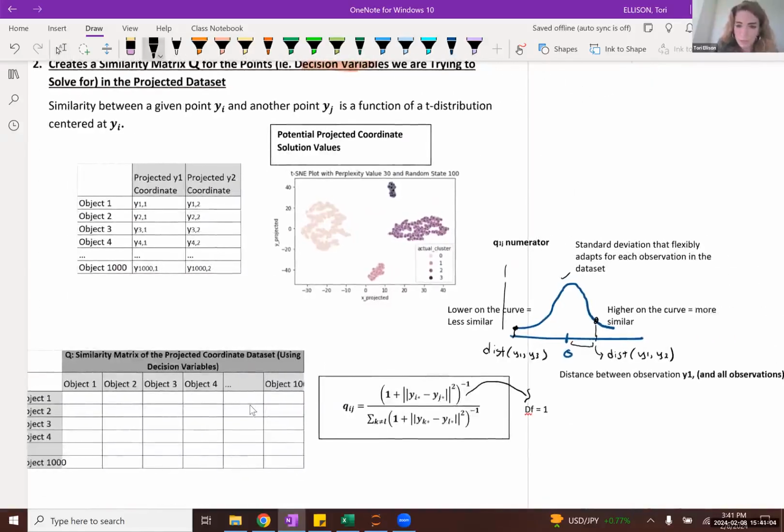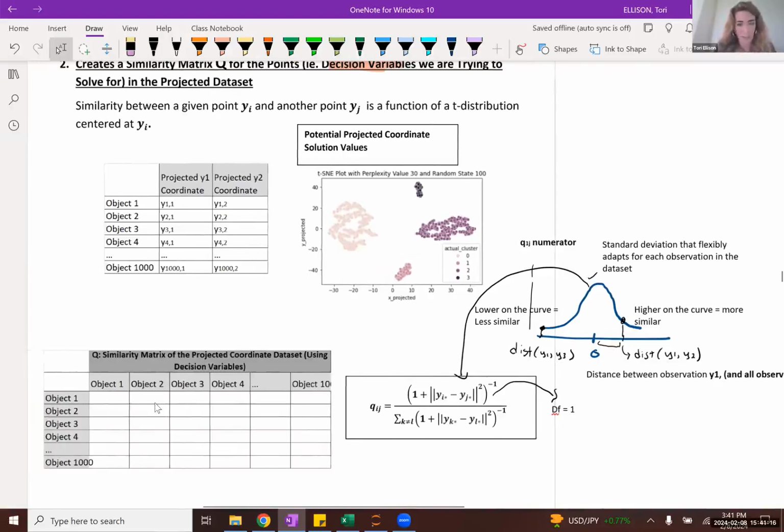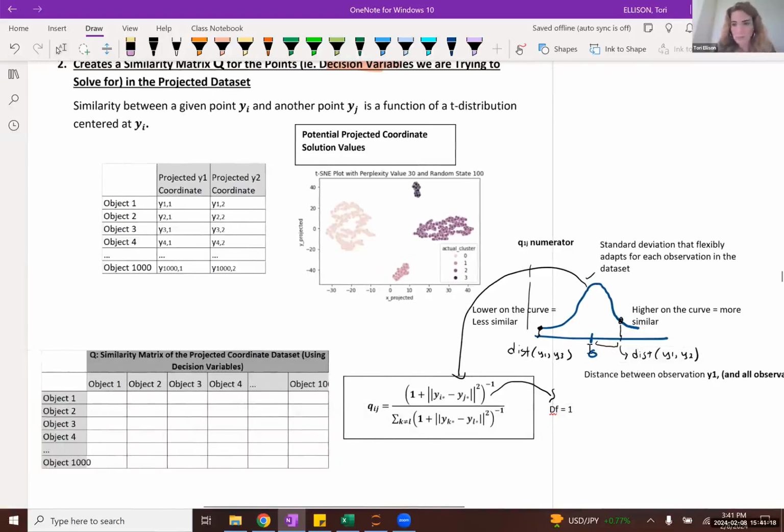We use this function of the t-distribution to also calculate the similarity between two y coordinates. So we find again the distance between a given observation y1 and y2, for instance.